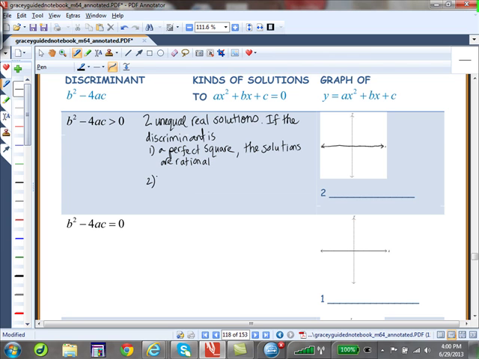Second case, if it's not a perfect square, all right? The solutions are irrational conjugates. So they're real, but they're irrational, and they're conjugates.